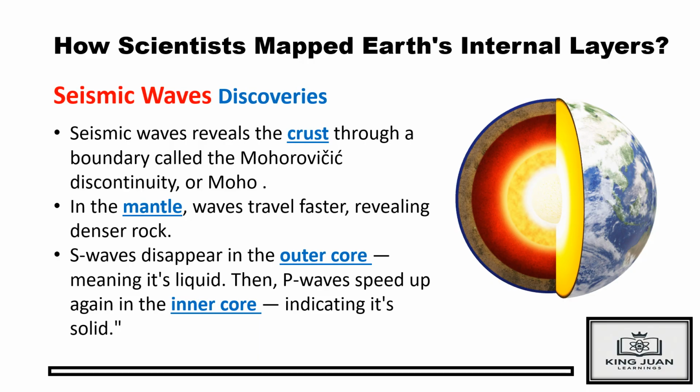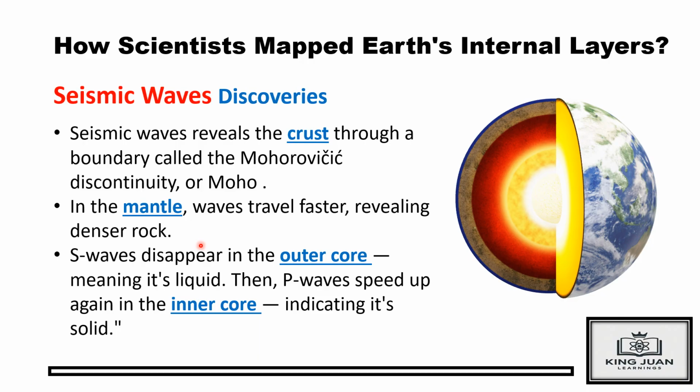From seismic waves, scientists discovered the following. Seismic waves reveal the crust through a boundary called the Mohorovičić discontinuity, or the MOHO. In the mantle, waves travel faster, revealing denser rock composition in this layer.